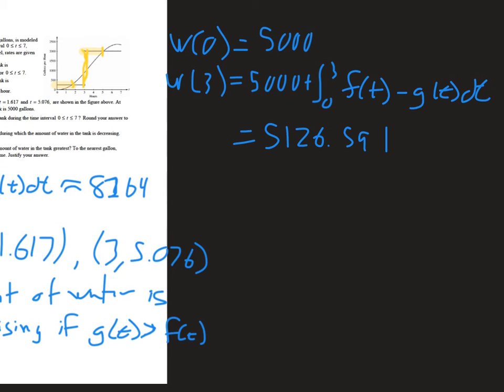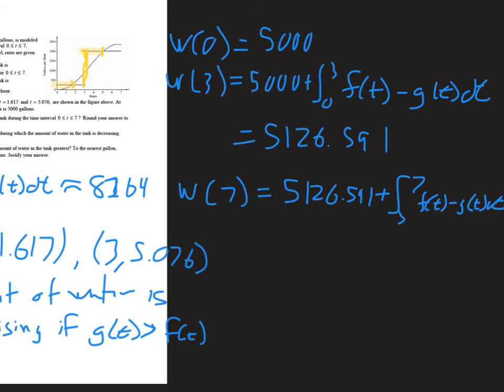Now we do the same thing for W of 7, and that's going to be the amount that we just left off with, plus the definite integral from 3 to 7 of f of t minus g of t dt. Here we had to change this initial value. This was 5,000 because that's how much you started with at 0. Now because we're going from 3 to 7, I need the initial value to be what I had at 3.